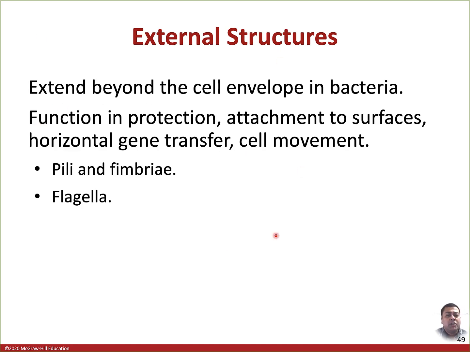So the external structures extend beyond the cell envelope in bacteria and function in protection, attachment to surfaces, horizontal gene transfer, and cell movement. These are classic examples of pili and fimbriae, as well as the flagella. Flagella are many times bigger than the cell, whereas the pili and fimbriae are much smaller.